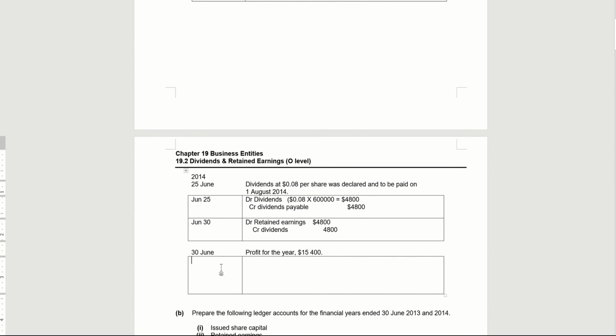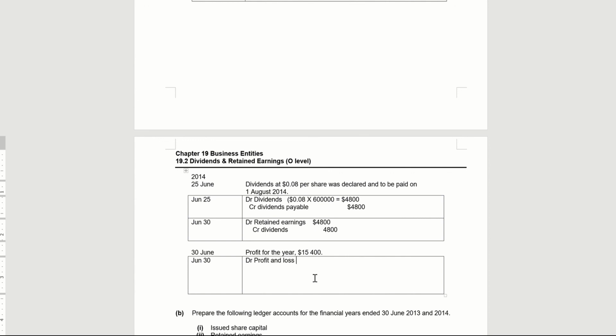Okay. Lastly, at the end of the year, every business will have to prepare an income statement to calculate the profits. After the calculation is done, please remember to transfer your profit into your retained earnings.